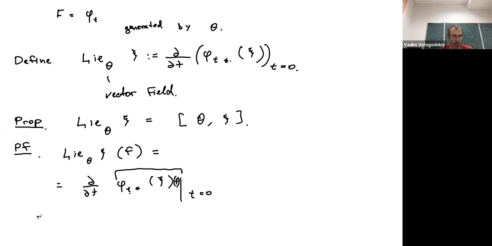So I will write it here, d over dt, and then I have to apply xi to the function f composed with phi t inverse. This is again a function. Then I compose it with phi sub t. This is still a function. I differentiate it and plug in t equals 0.